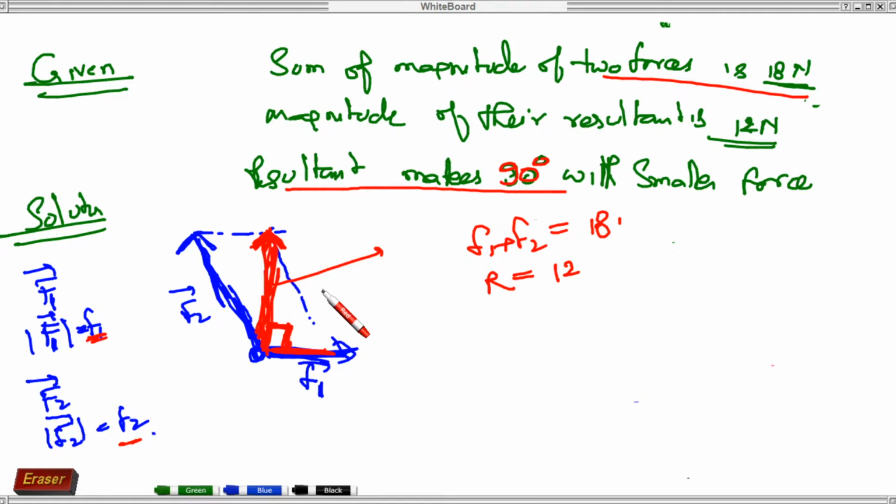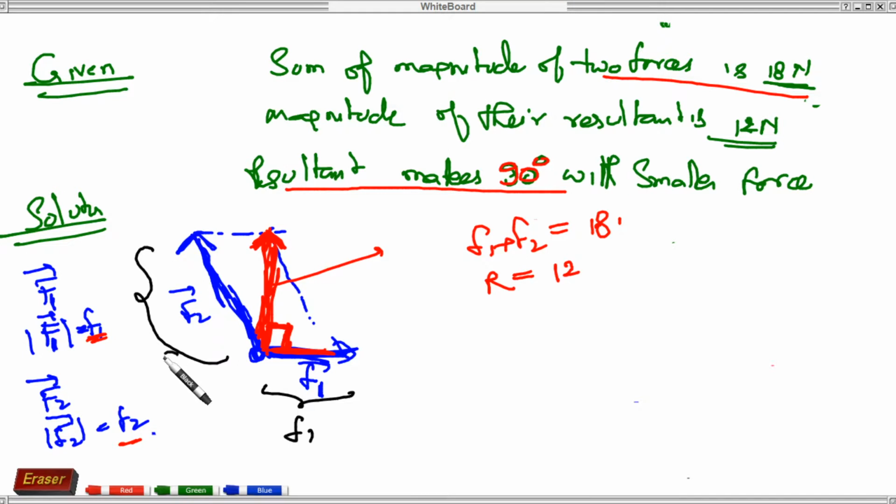Okay. This magnitude is F1, and this magnitude is F2. If this one is F2, then this one is also F2 because it's a parallelogram.